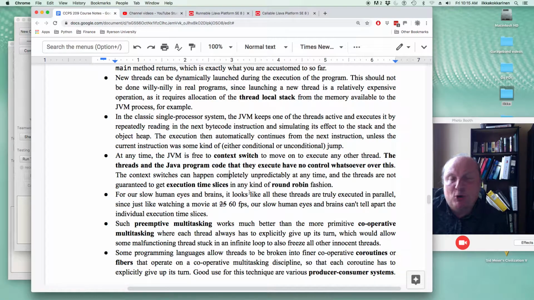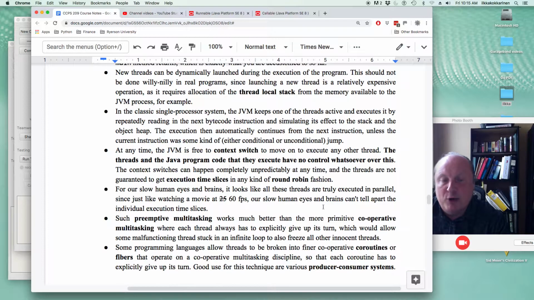So if some process gets stuck in an infinite loop, contrast this to what is called cooperative multitasking, meaning that each execution thread or process at the operating system level would be executed until it voluntarily gives up its turn. This in general is just difficult.